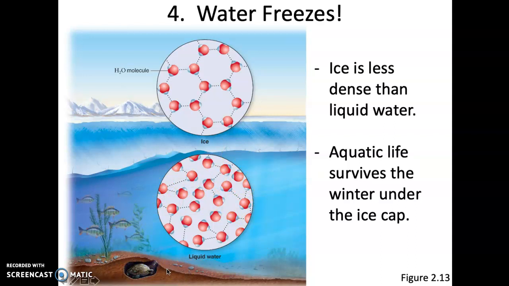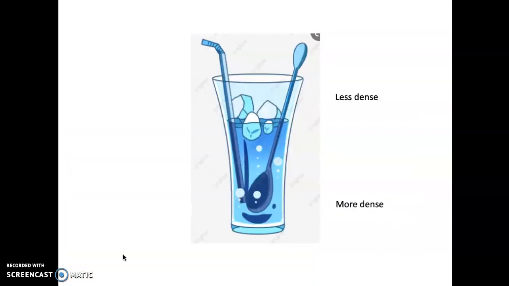If it was backwards, this poor turtle down here and all these fish would be frozen, and then there'd be some things floating on the top, but we would freeze from the bottom to the top. And that's not good. This way, we form this layer of ice, but still you have all this other region of water that's not frozen. Less dense, more dense. Ice floats. Very weird.